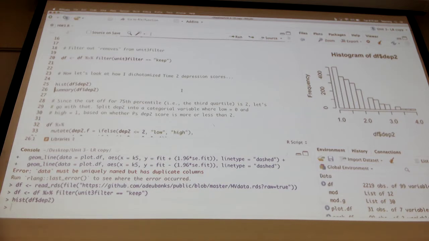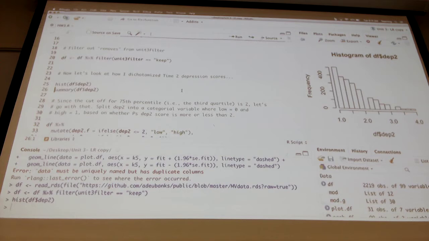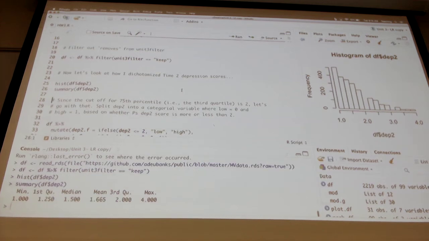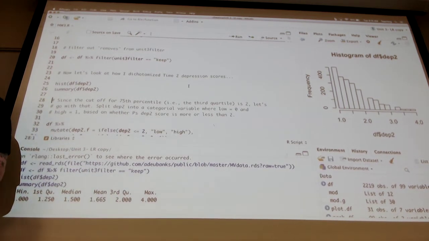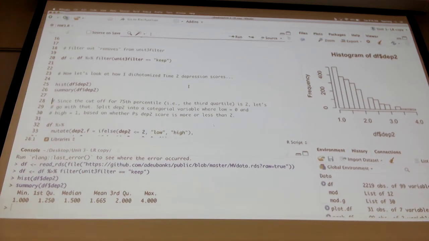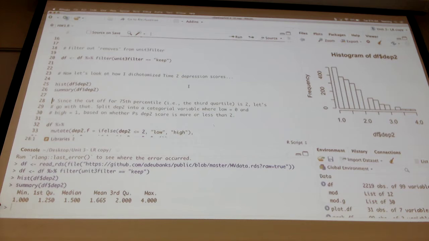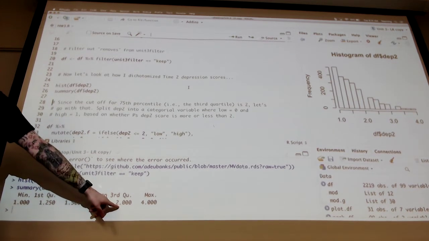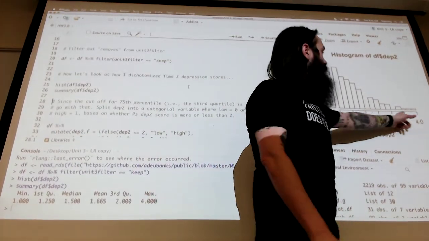So I also created dep2n and dep2f, and I wanted to briefly go over how we made that and why we made it the way we did. If we look at the histogram and summary of our continuous dep2, the depression at time 2 variable, we want to dichotomize that into high and low. When we look at our summary statistics, we can see that the third quartile is 2, and we can also see on the histogram this pretty clean break.